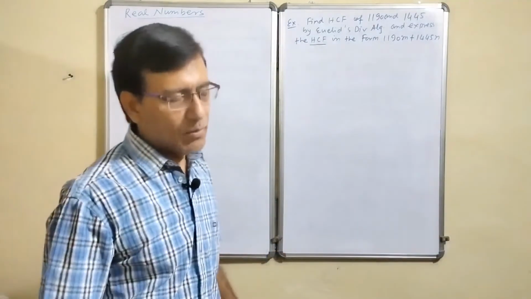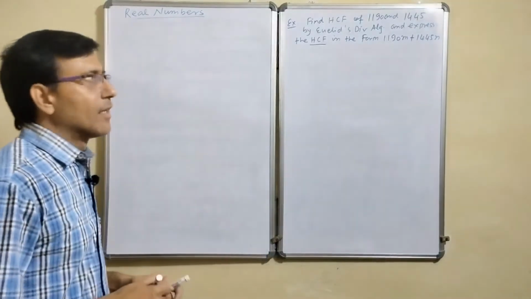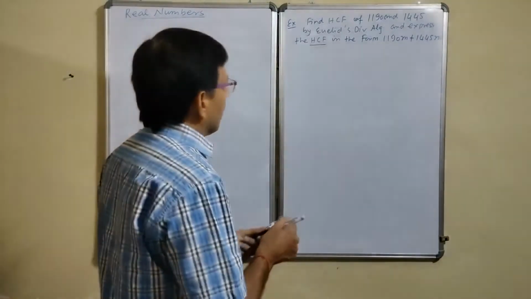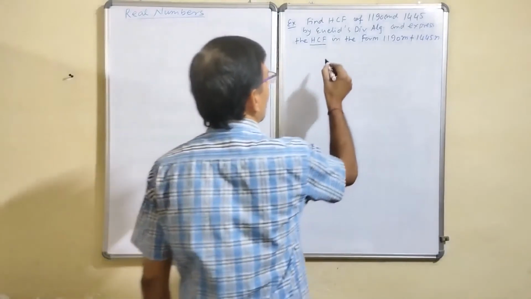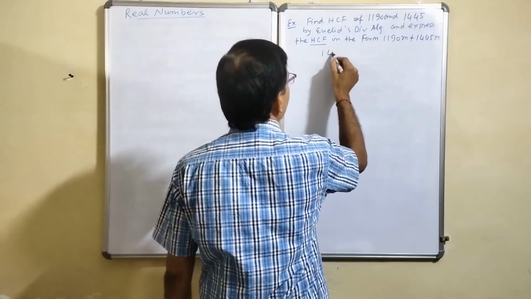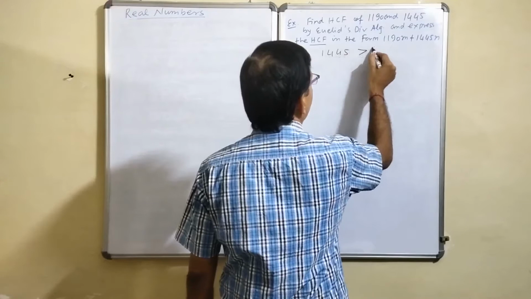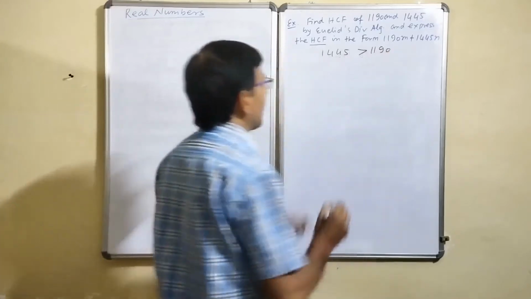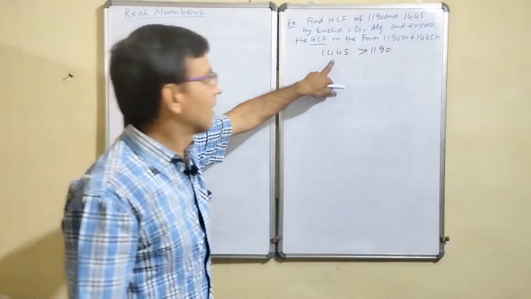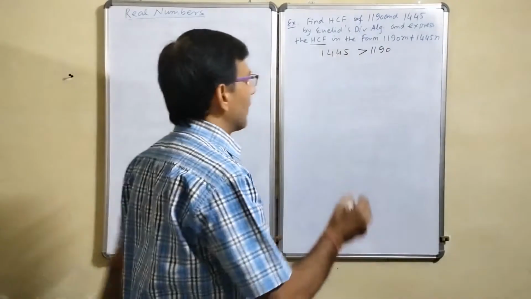Find here the value of m and n. Now once again, 1445 is greater than 1190. So that means this is A, the greater number, and this is B. So apply division lemma.